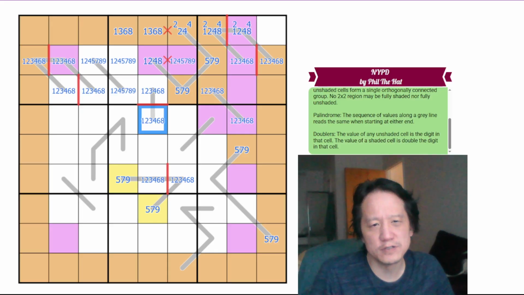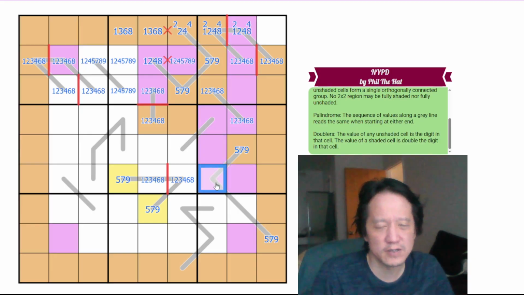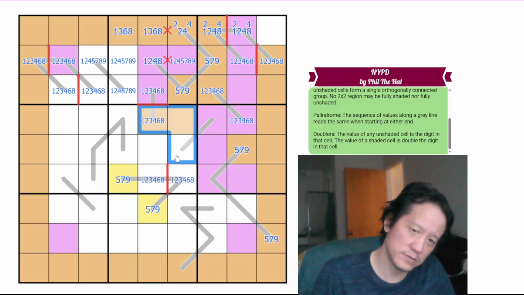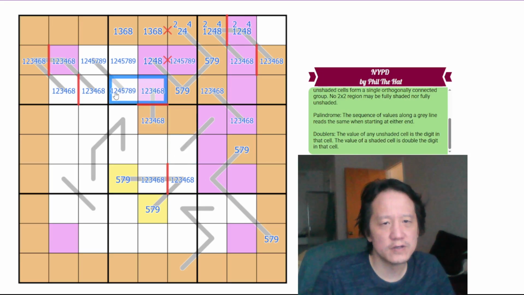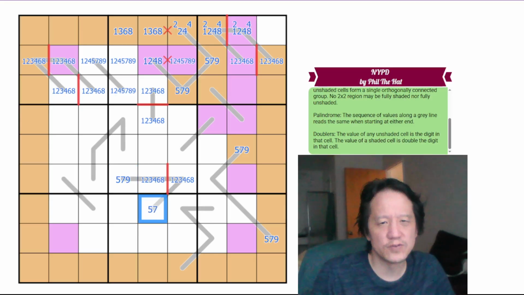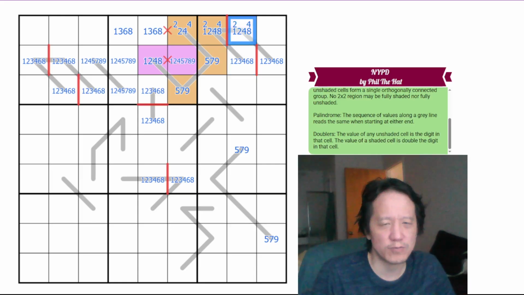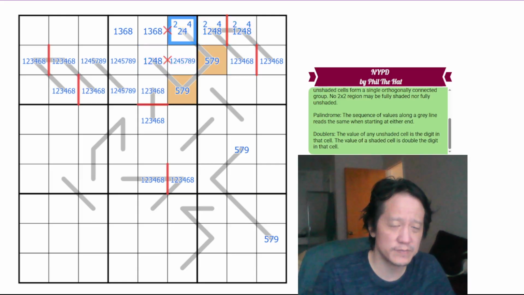Say this was orange, not pink. Say this was orange, this was pink, then this would have to be orange. So the pink would have to get out this way, which would force this to be pink because it has to go there. We don't have any. I don't think that gives us very much. And that's one of the most restrictive ones.